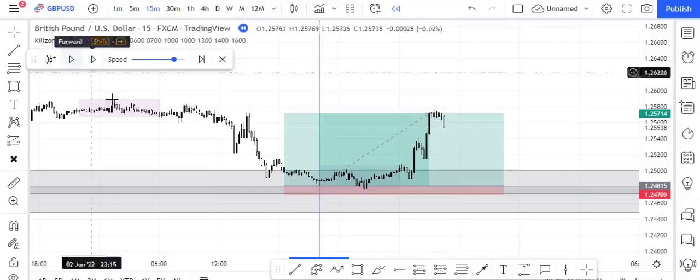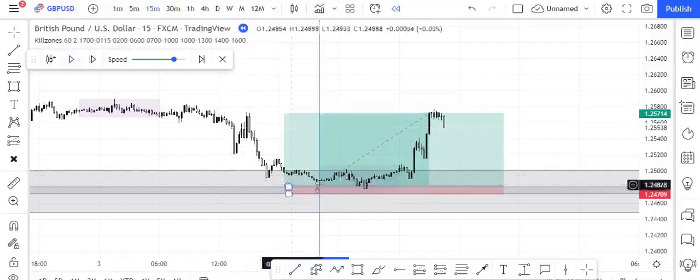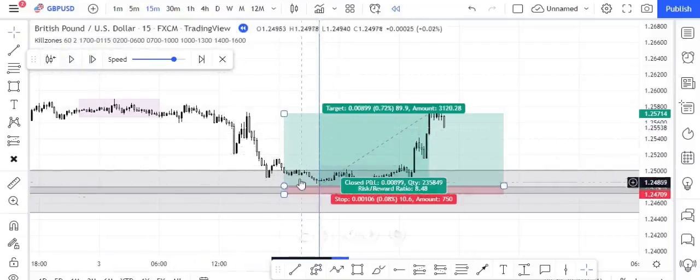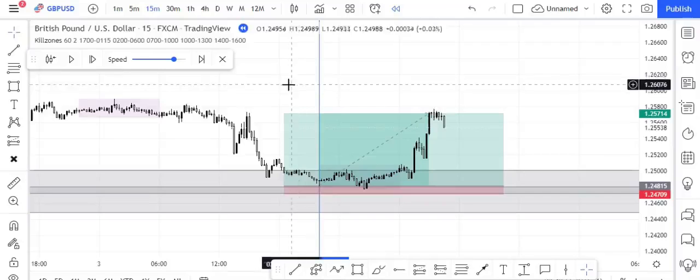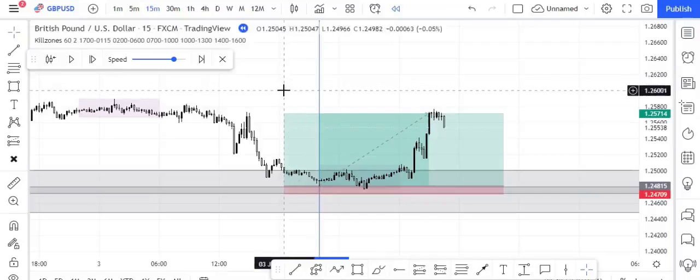Now I've told you about the point of interest, the entry. How do you determine your exit? Your exit, don't forget, must always be the next swing high or swing low, depending on where the trade is going. That is where you should exit the market or take partials.